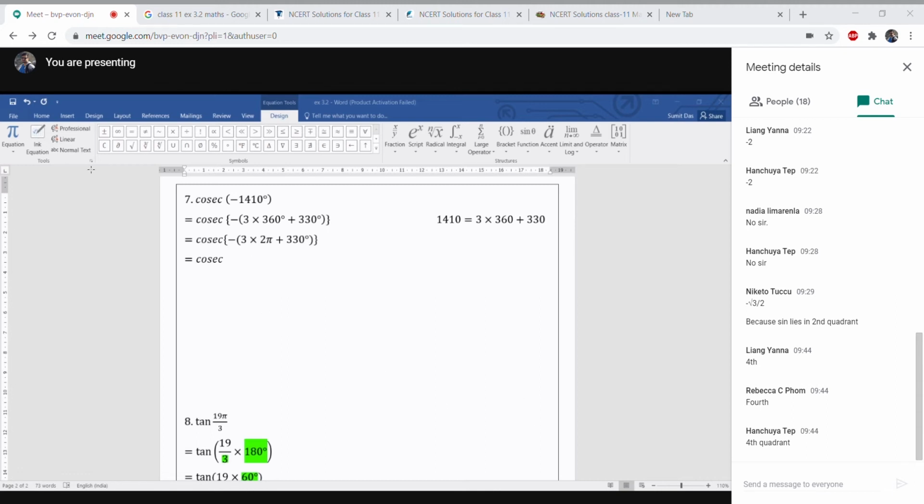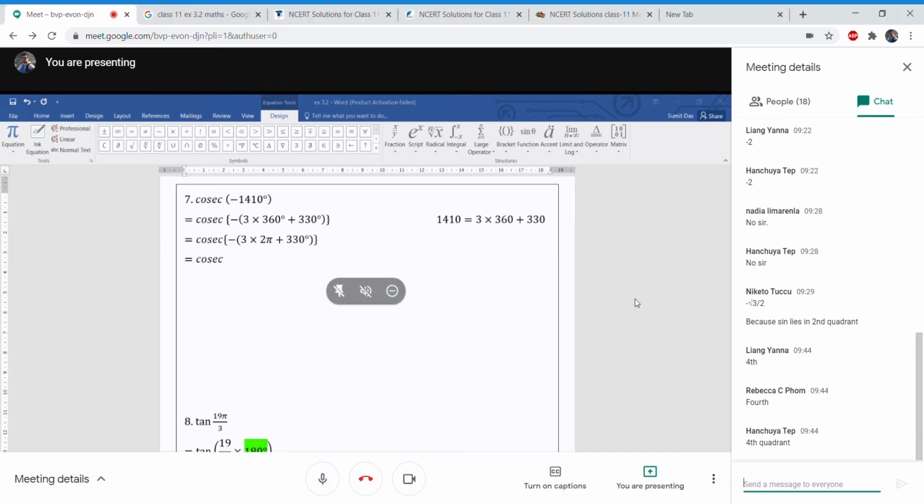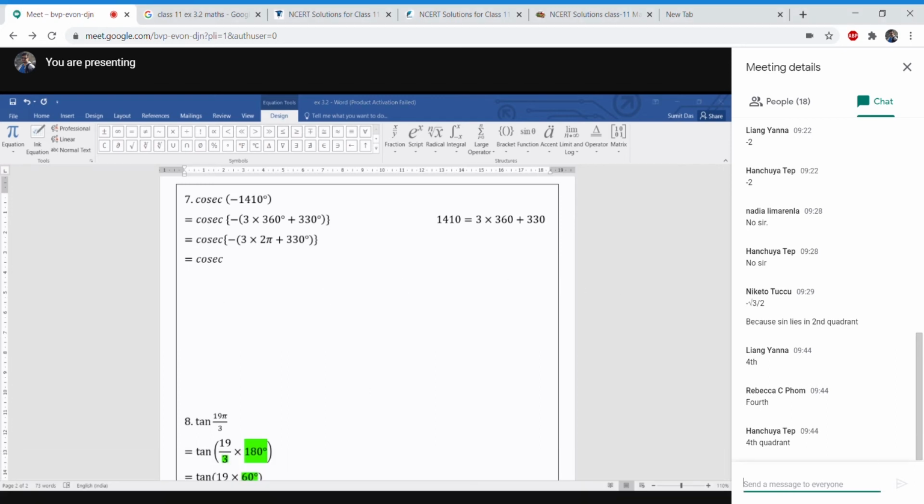Yeah, fourth quadrant, right? In the fourth quadrant, sine is negative, that means cosec is also negative. So this minus will come here. Okay, so here I can write cosec 330 degree.